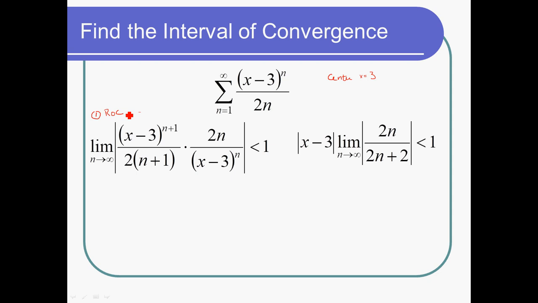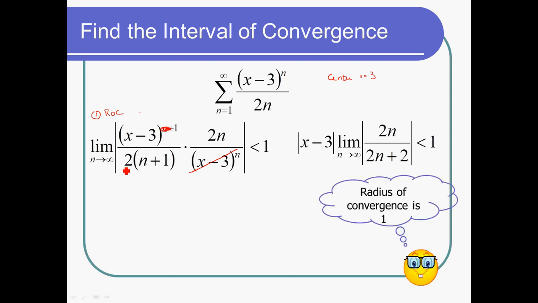After I did my algebra, I canceled out and then I took the x minus 3 to the outside. This limit was 1. So there's my center of 3. And I can go to 2 or 4. Open interval at 2, open interval at 4. That's the radius of convergence.